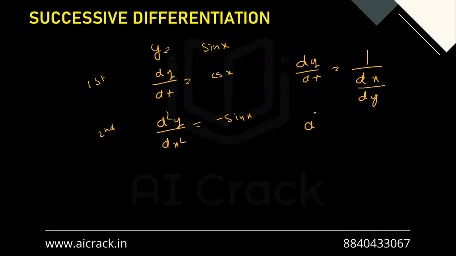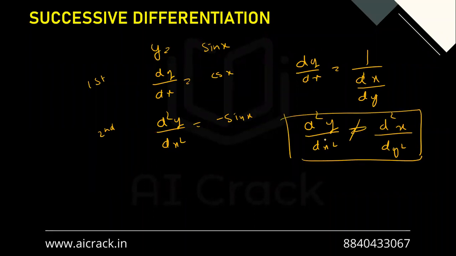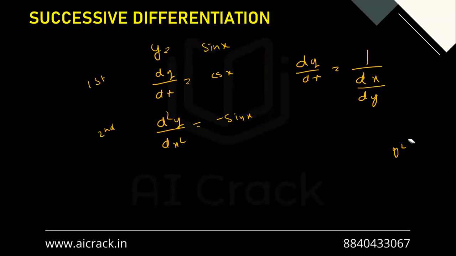So we cannot really write d2y by dx square as 1 over d2x by dy square. These are not the same. So whenever you are doing questions of successive differentiation, don't try to do this in case you want to find the inverse of that.